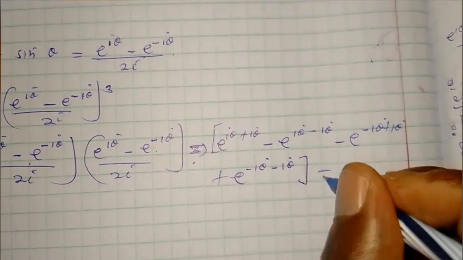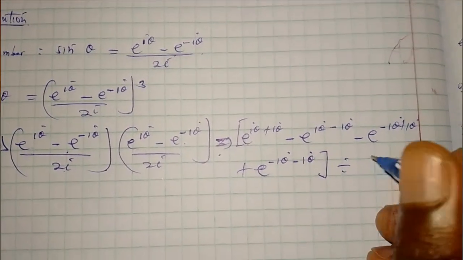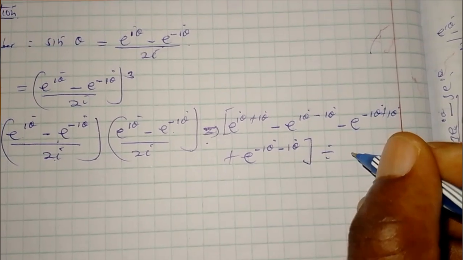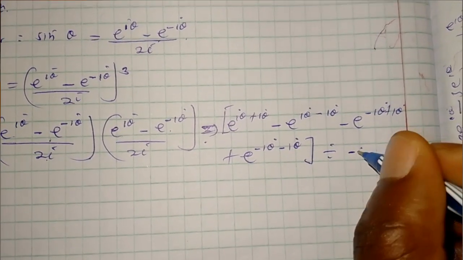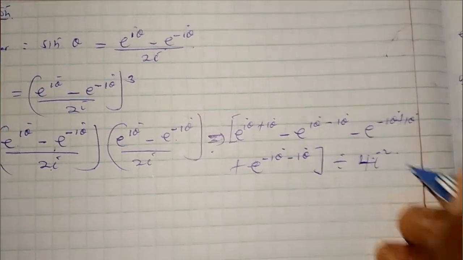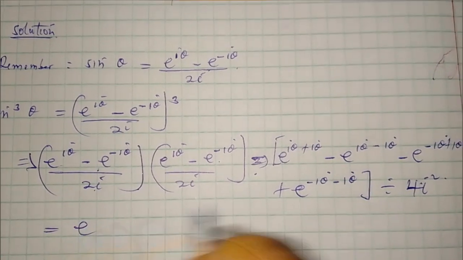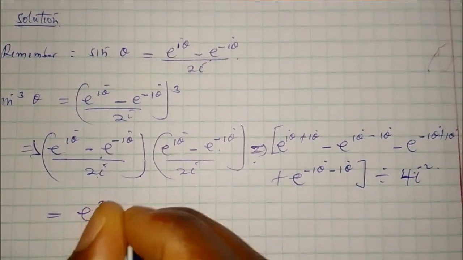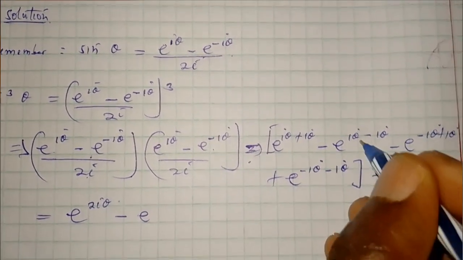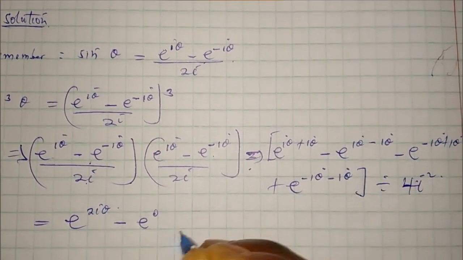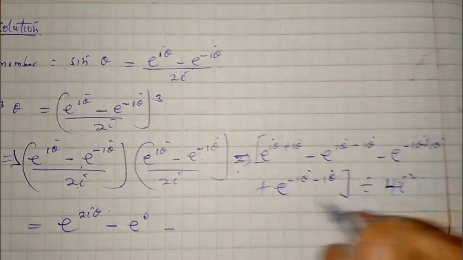The law of indices. Divided by 2 times 2i times 2i, it is 4i squared. And remember, i squared is equal to negative 1, so it becomes negative 4. We can just write 4i squared first. So this becomes e raised to power 2i theta, plus i theta minus i theta is 0, minus i theta plus negative i theta plus i theta, it is 0.